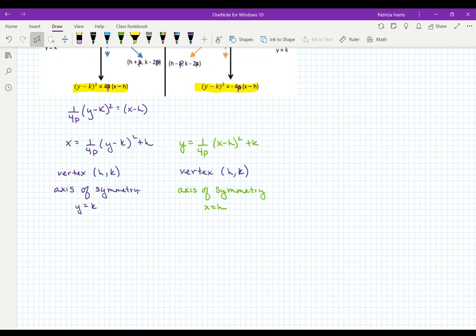P is still the distance from the vertex to the focus and from the vertex to the directrix.